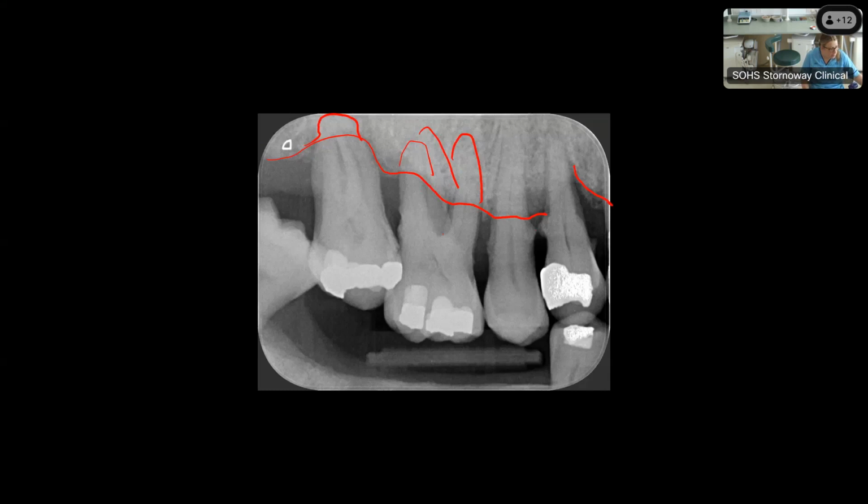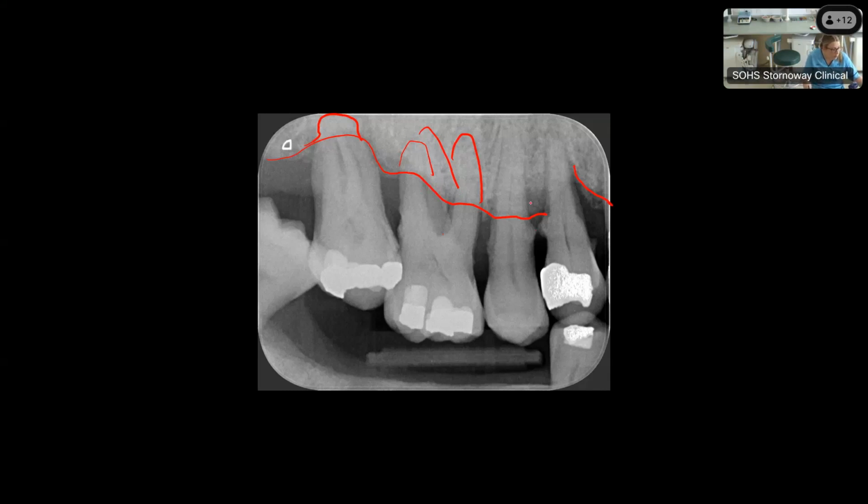Anything else we want to say with regards to bone loss? Vertical bone loss on the 1-4 mesial. Yep. And I would say 80%, possibly. Yeah. Vertical bone loss extended to 80%. When you've got a variety of horizontal bone loss like we have on this, you can put it as a range.